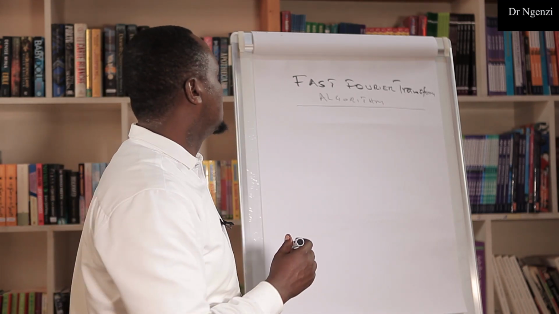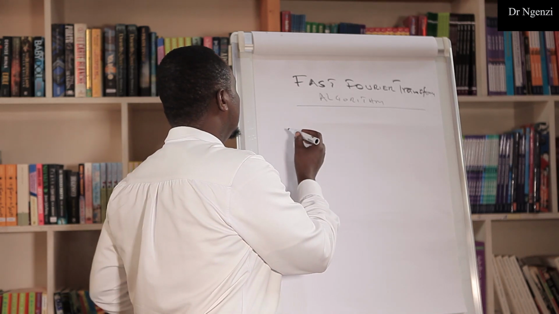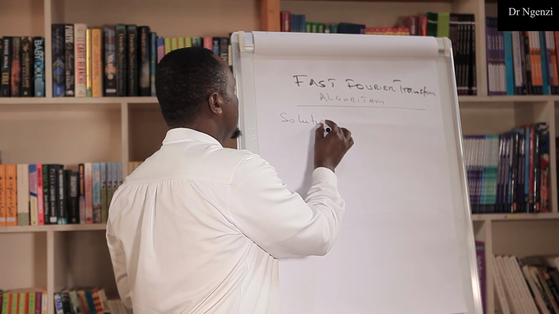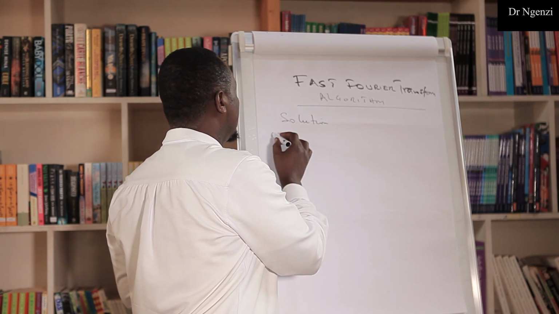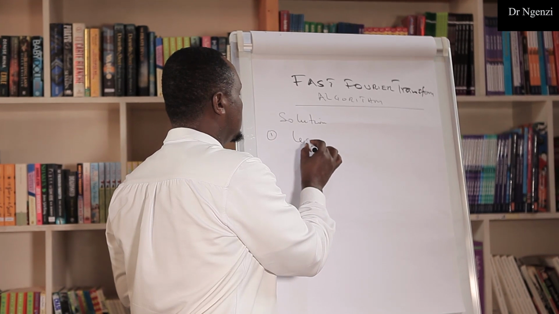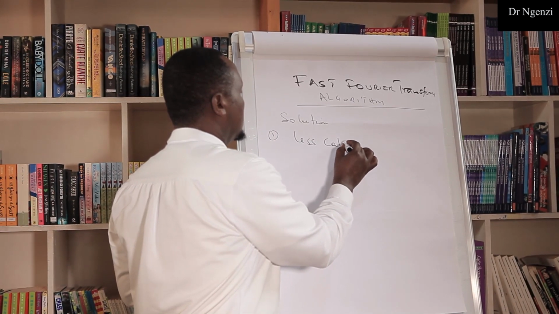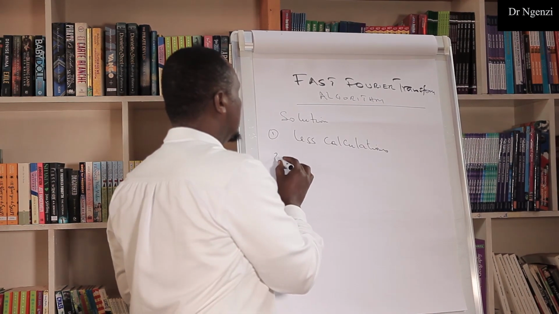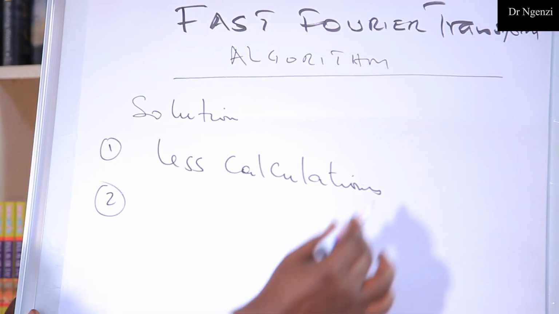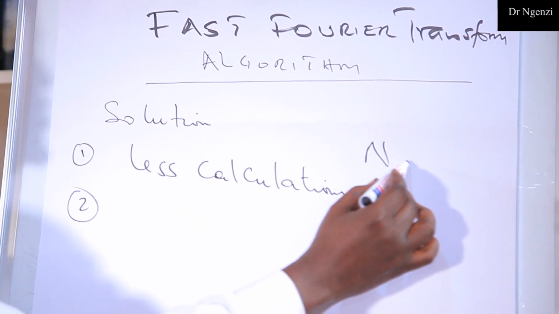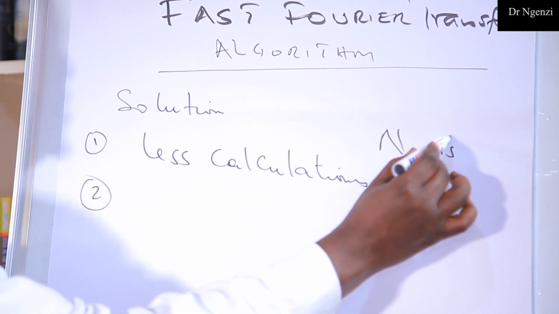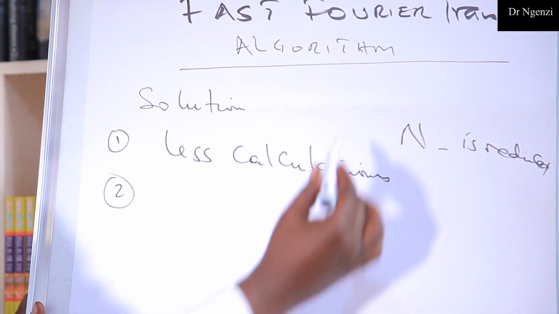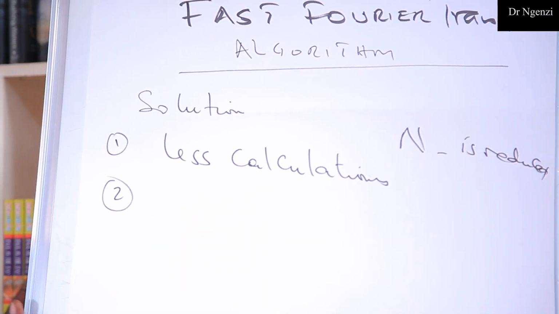So it solved some of the problems. The first solution that came in was fewer calculations. So the big N times is reduced to a smaller N times, so that the number of calculations is reduced.